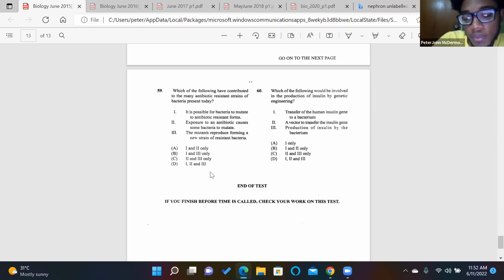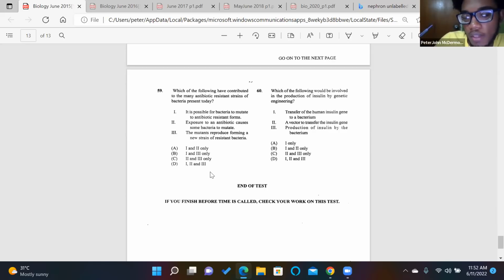So insulin, when you want to produce insulin, mass produce it, you use bacteria to produce it. You need something to transfer that gene, the gene that says you should make insulin, into that bacteria. What do you use? You use a vector to do that, right? So the vector is what would carry the gene over into the bacteria and give the bacteria that ability to make insulin.